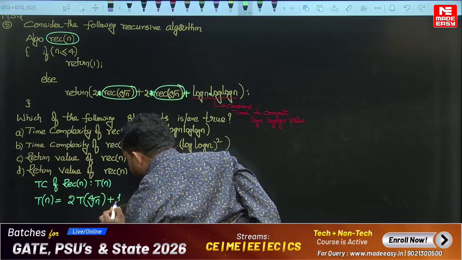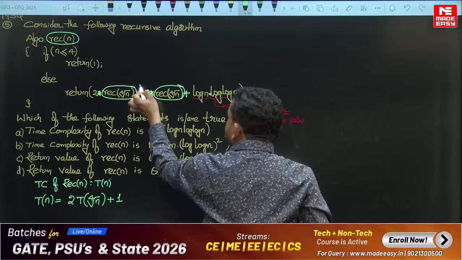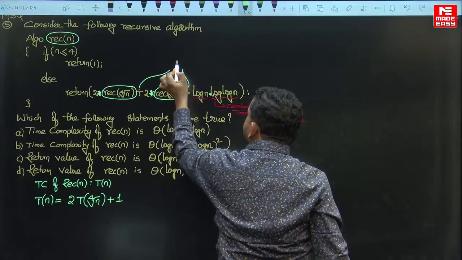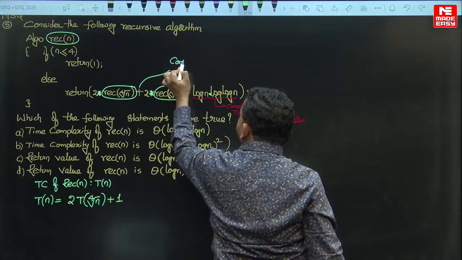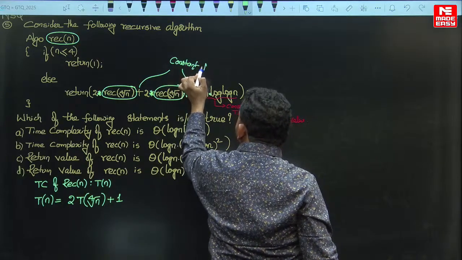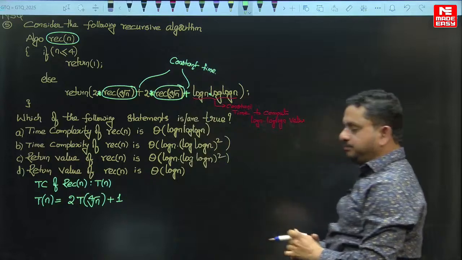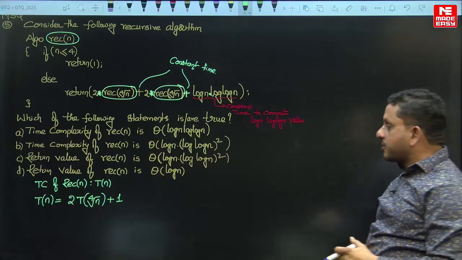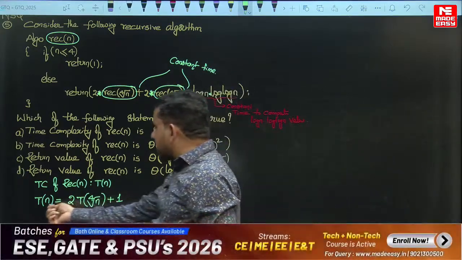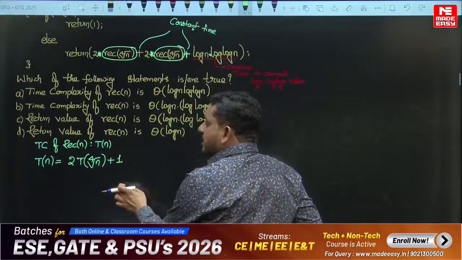I am just using 1. This is the time complexity recurrence relation, with constant time other than the subrecursions.